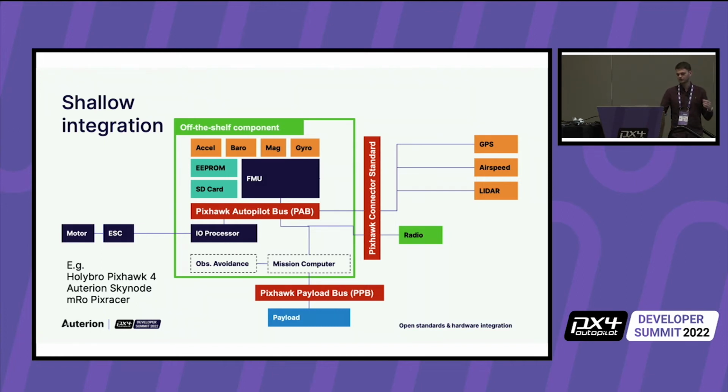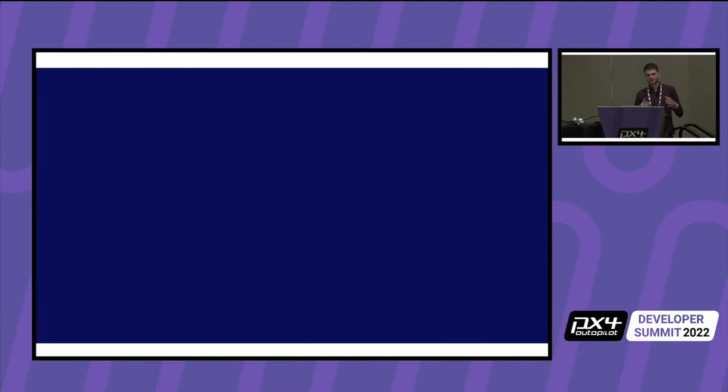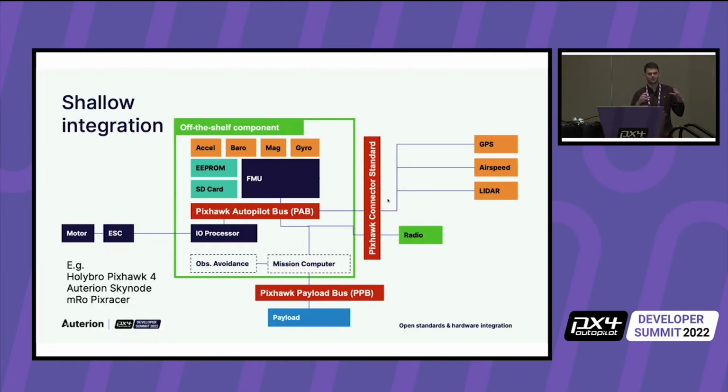You can put it on a drone, you plug in your motors. In the case of the Skynode, you also have the Autopilot bus electrical connection. You have the connector standard, you put on your external sensors, and you're good to go. I call this a shallow integration because basically the whole avionics on your vehicle is sourced from an off-the-shelf component that you put on.